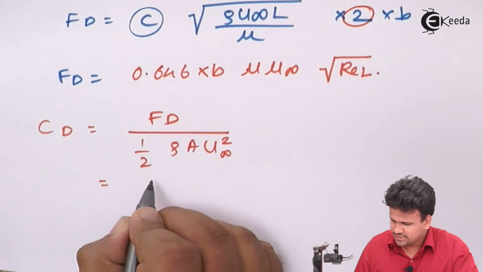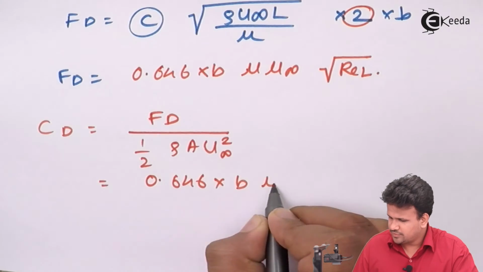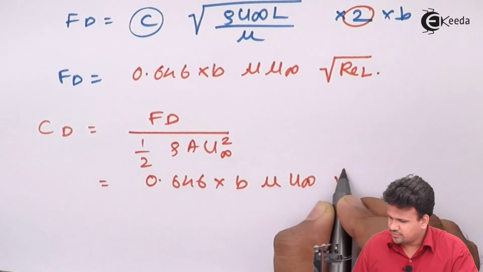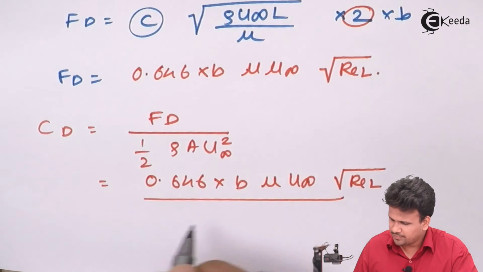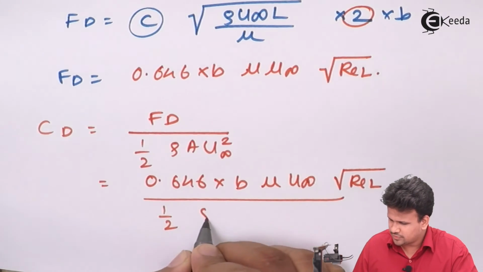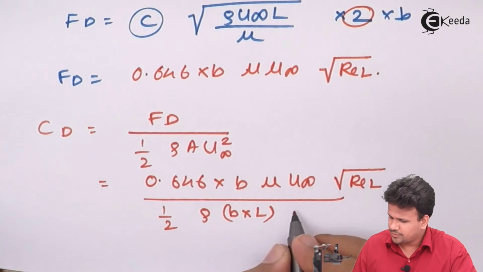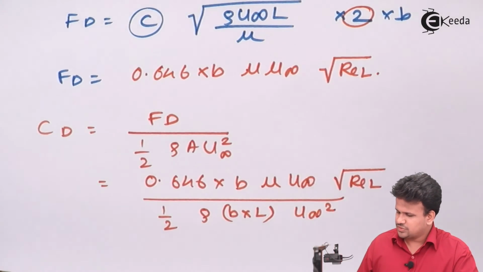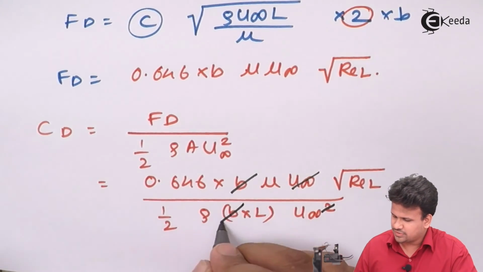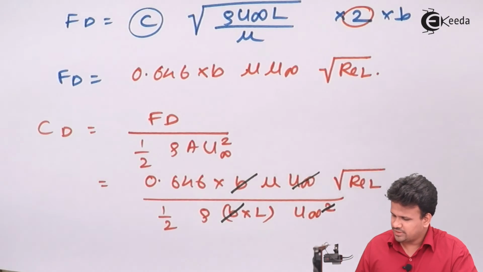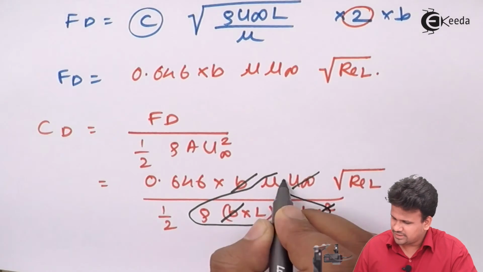So let us substitute this: 0.646 into b into mu into u infinity into square root of Re_L upon 1/2 rho into b into L, that will be the area, into u infinity square. So over here u infinity and u infinity cancel, b and b cancel. What we will be left with are the terms rho, b, u infinity and L.